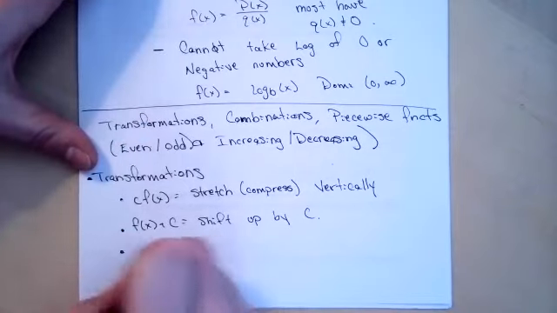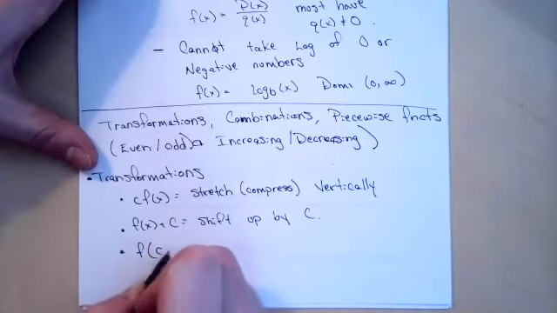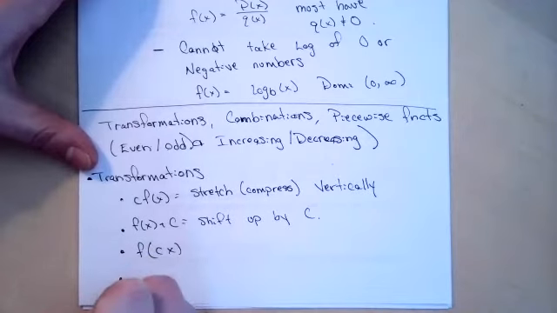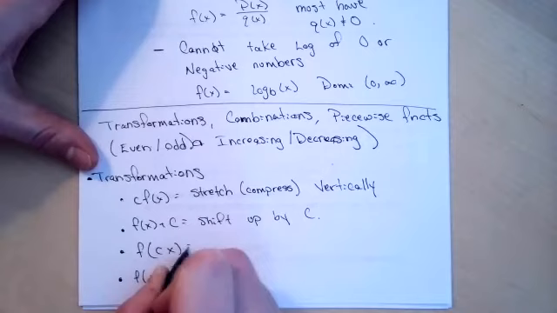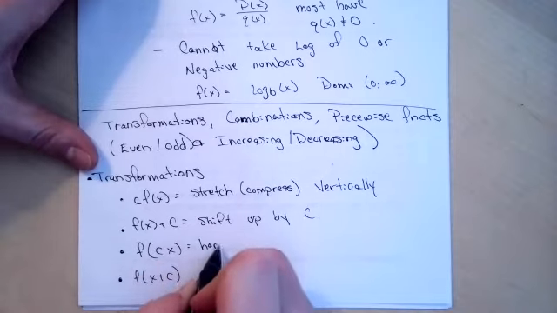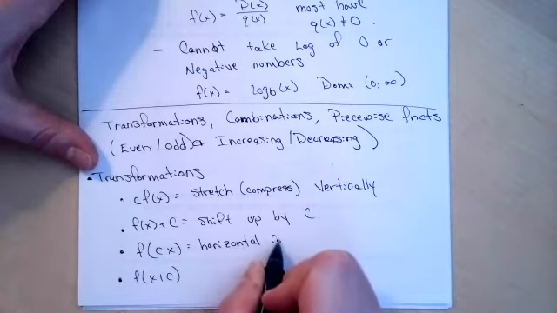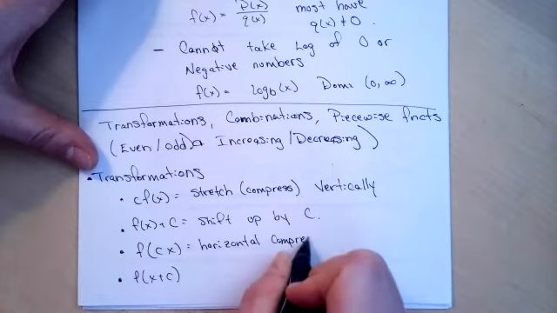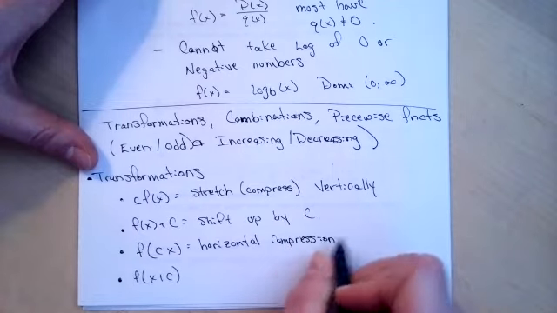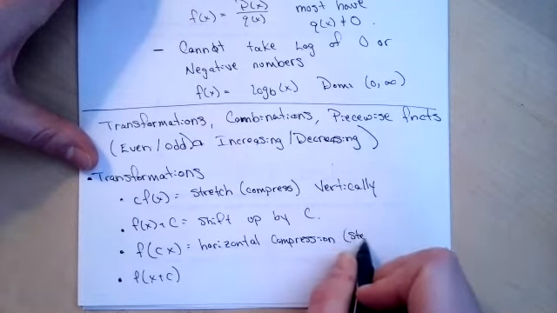Our horizontal transformations are going to be f of cx and f of x plus c. This is going to be a horizontal compression or a stretch.